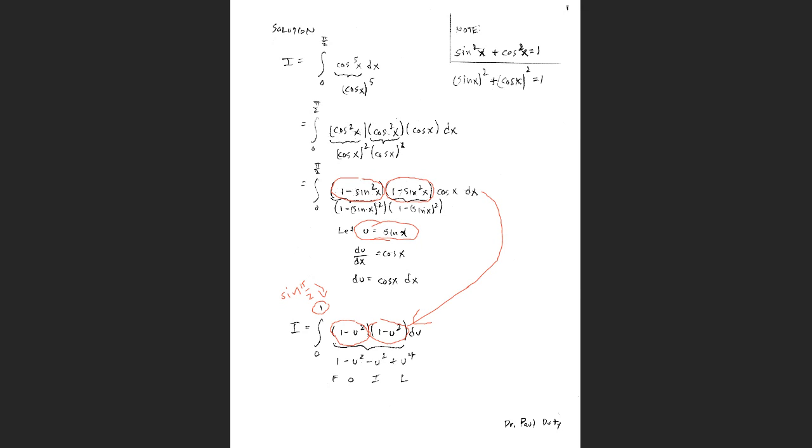You did, but that's okay, you're participating. The top x limit was pi over 2. We make that equal to 1, because the sine of pi over 2 is 1. And the bottom x limit was 0, and the sine of 0 is just 0.